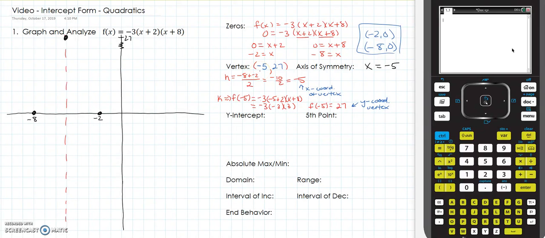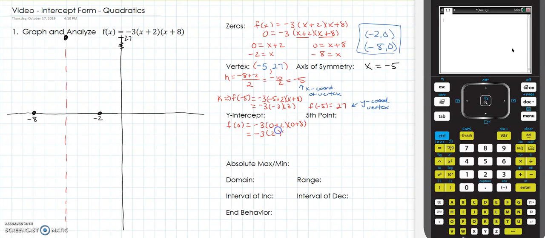All right, now moving along and finding the y-intercept. For the y-intercept, we want to use 0 for x. So I take my original function, but I'm putting f of 0 in. So everything's still there: 0 plus 2, 0 plus 8. And here's where people start to distribute and do other weird things. We're following the order of operations, so we need to do the parentheses first.